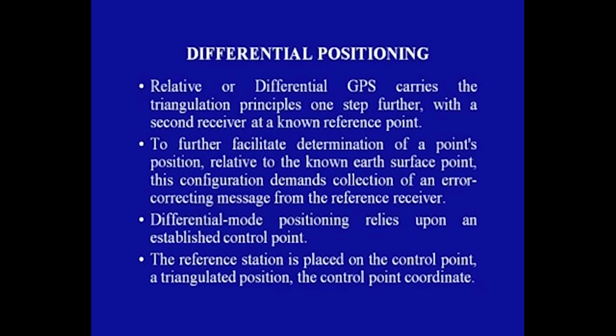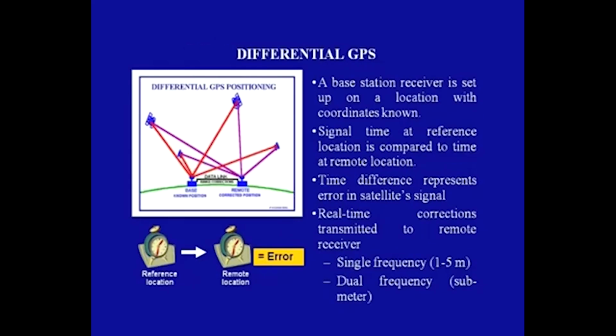Differential mode positioning relies upon an established control point. The reference station is placed on the control point, which could be a triangulated position or a control point coordinate.